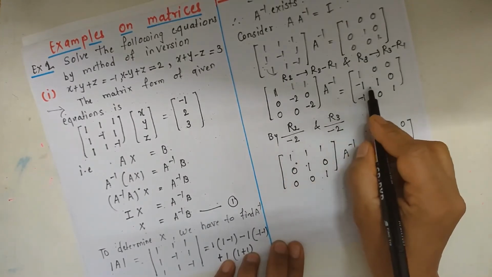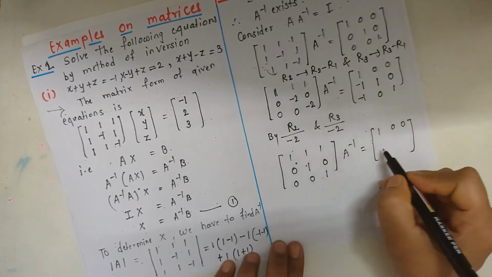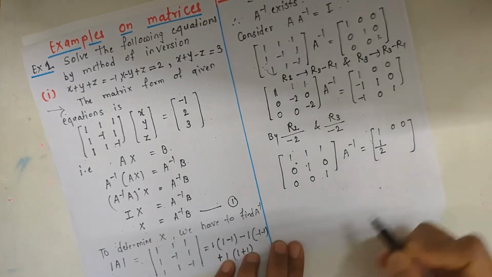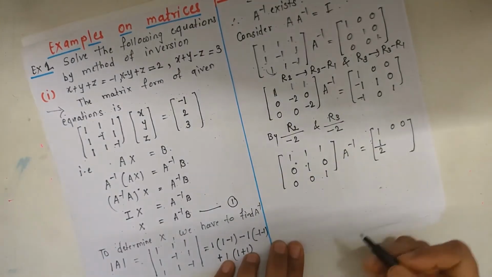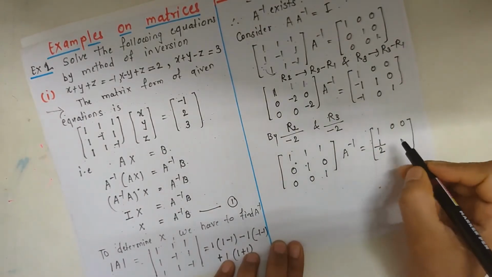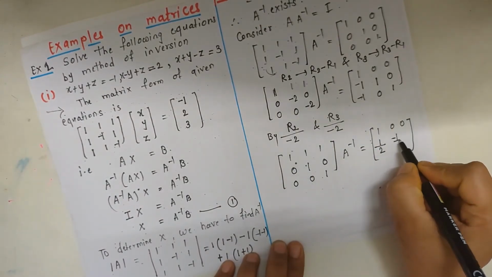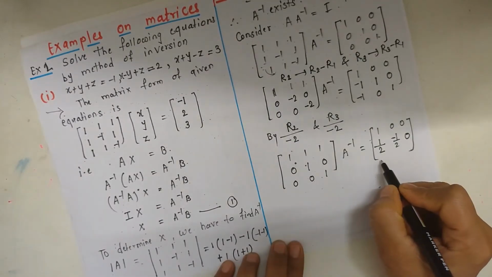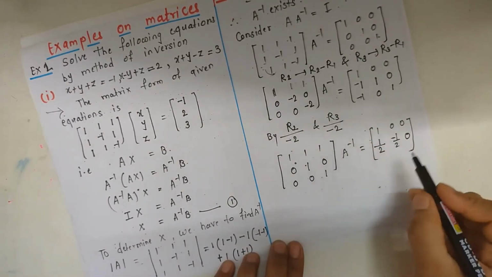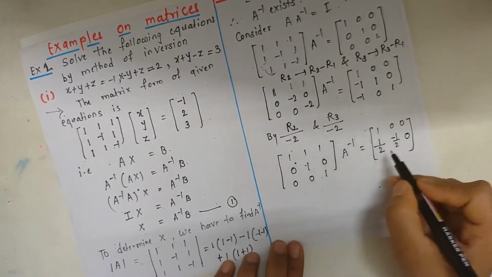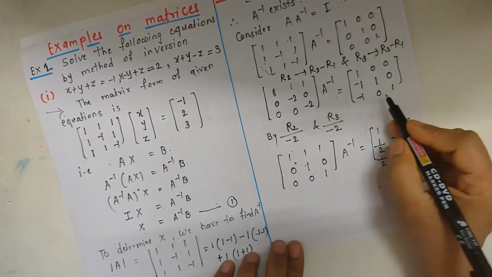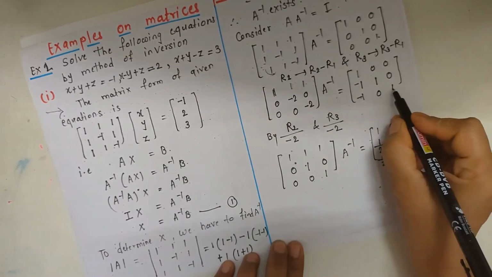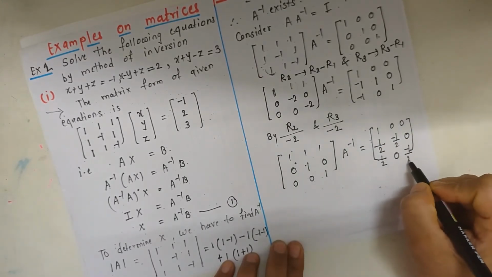So minus 1 divided by minus 2 is plus 1 by 2, and 1 divided by minus 2 is minus 1 by 2, 0 by minus 2 is 0. Now for R3 dividing by minus 2: minus 1 by minus 2 is plus 1 by 2, 0, and 1 by minus 2 is minus 1 by 2.